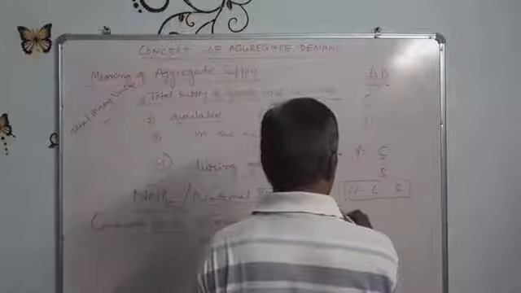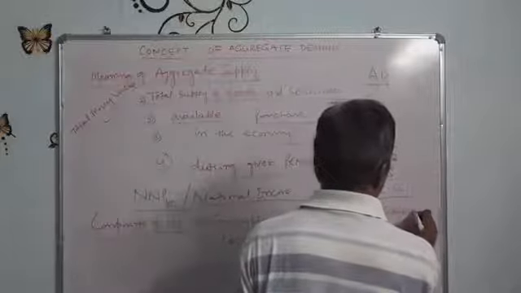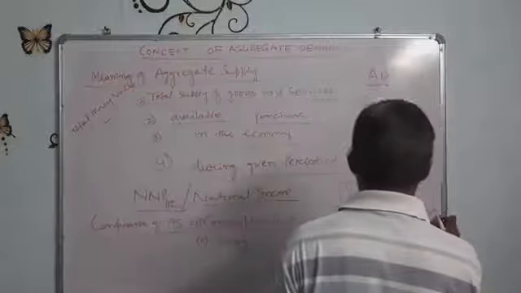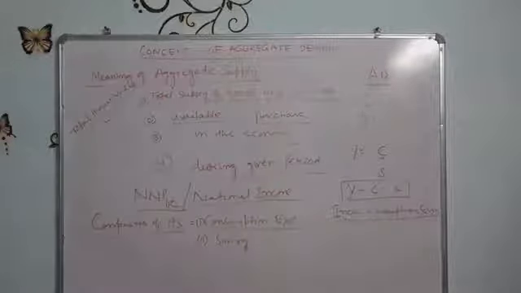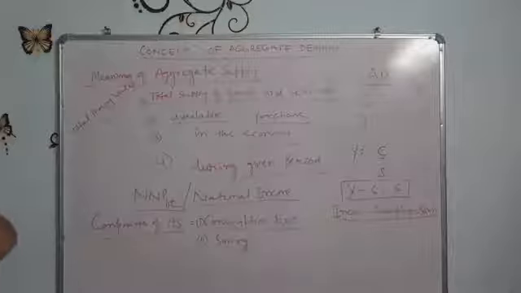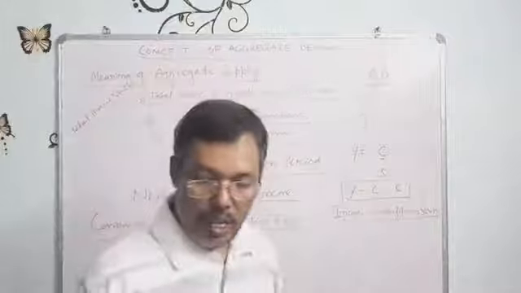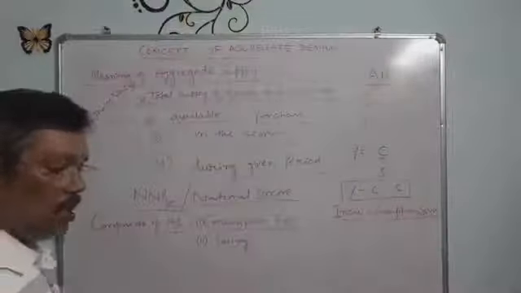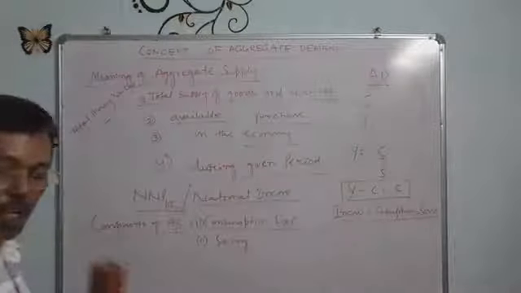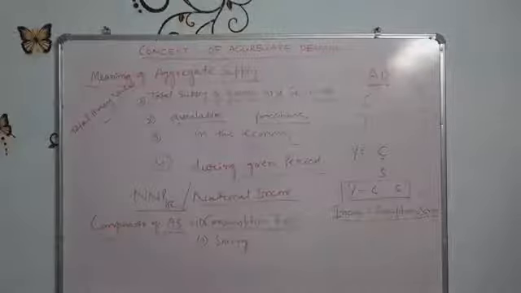Income minus consumption equals saving. I will not discuss the aggregate supply curve in detail now. When we draw the equilibrium conditions for both the aggregate demand curve and the aggregate supply curve, then I will explain the supply curve in detail. But when income increases, consumption increases and saving also increases.